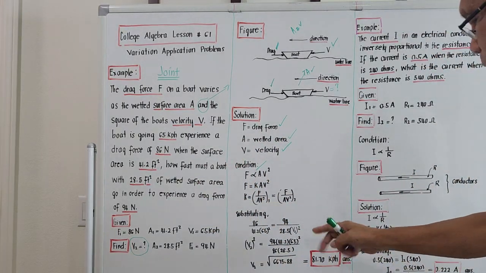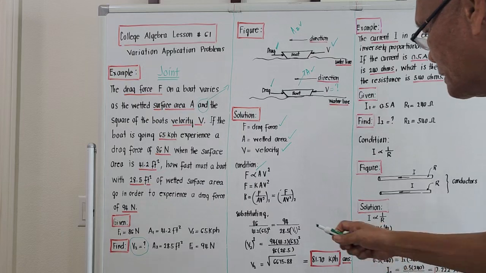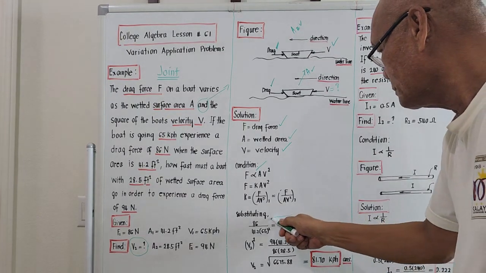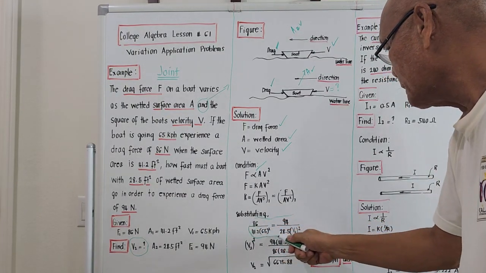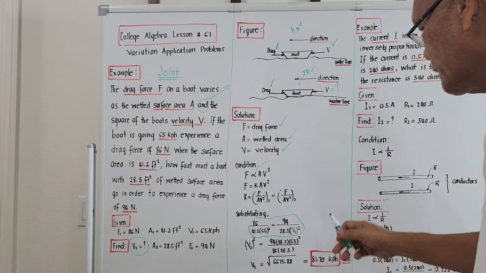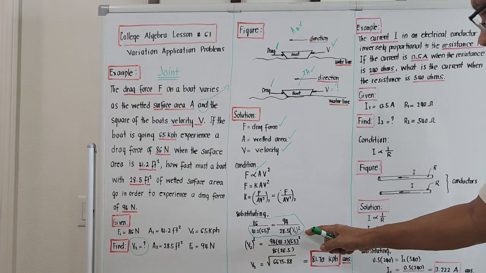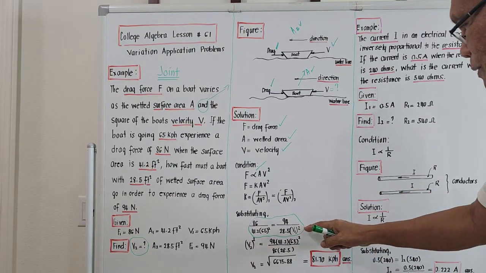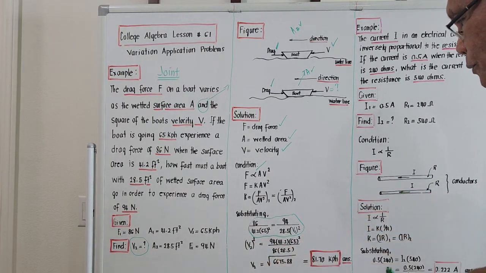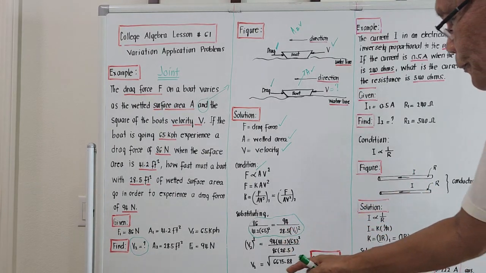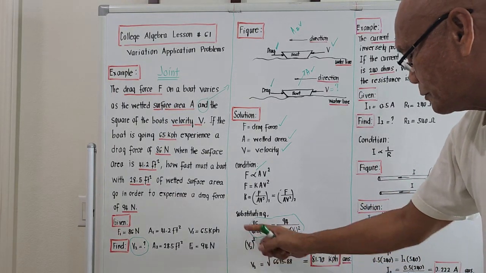So solving for, this is now an equation. We are on algebra, so there's only one unknown. It's b sub 2. But the problem is it has a power of 2. So for the meantime, we will segregate the new speed quantity squared.